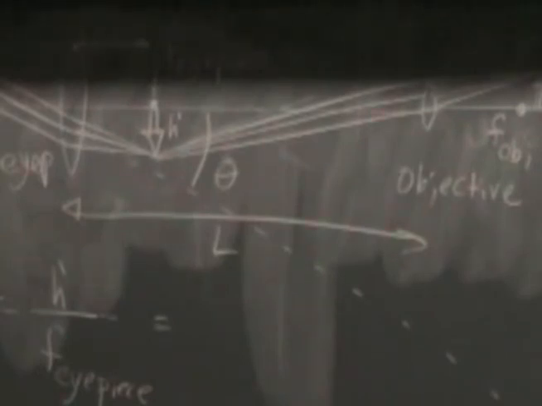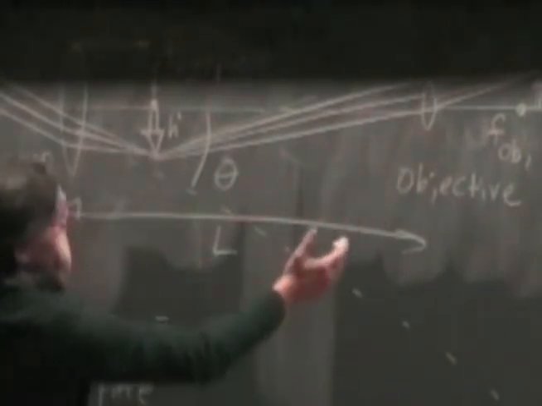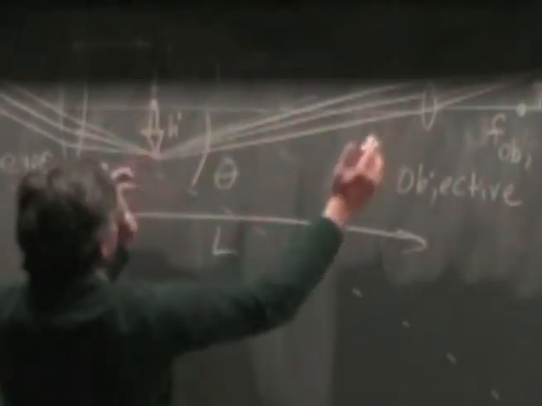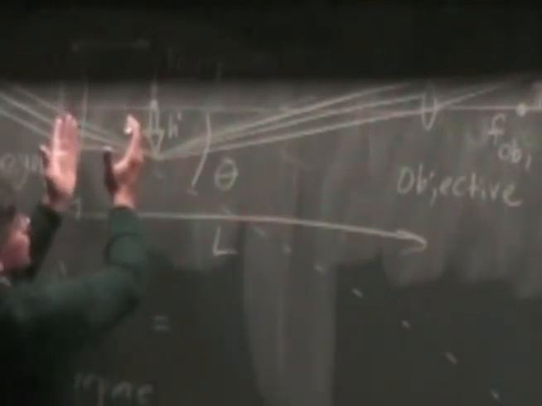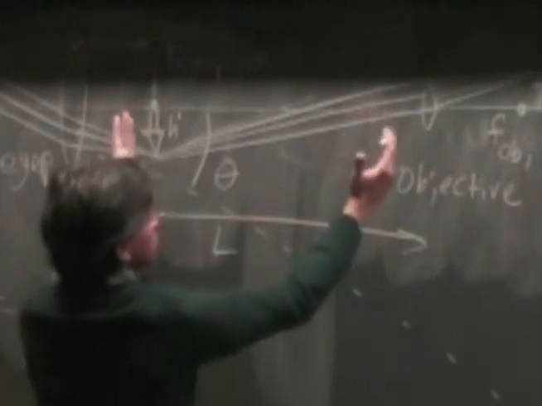So L is much bigger than f. So the distance to the image would be L minus the focal length of the eyepiece, but that's pretty close to L. So I'm just going to say that this distance is L.